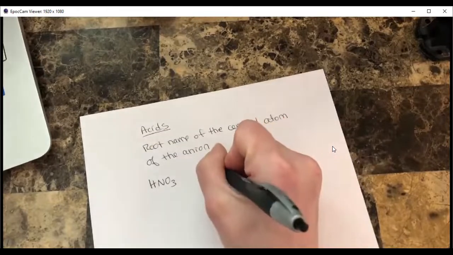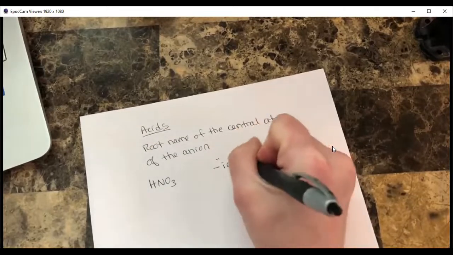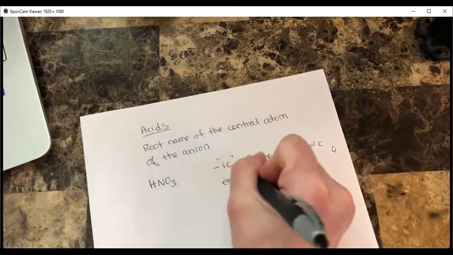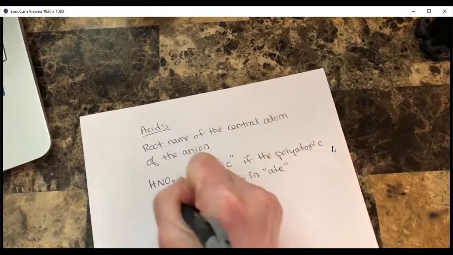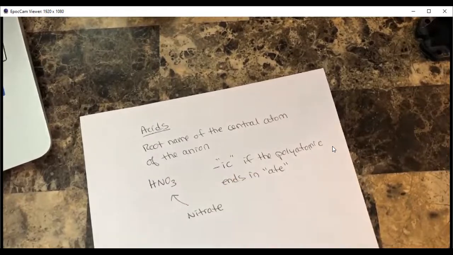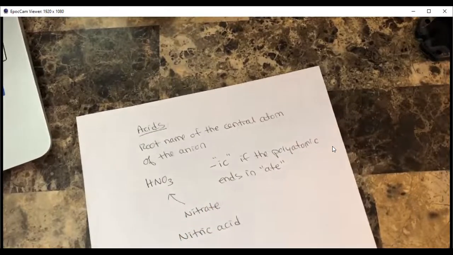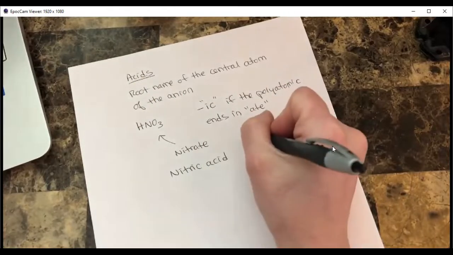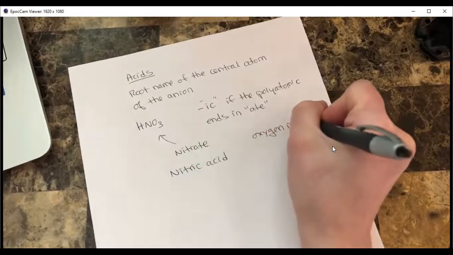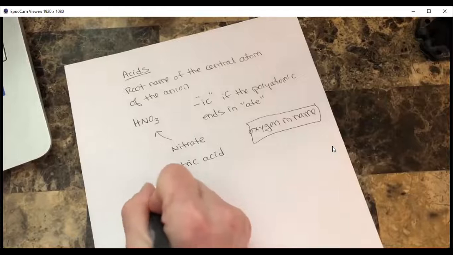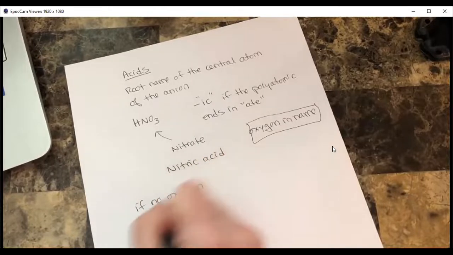Okay, what did I just say? We're going to add ic if the polyatomic ends in ate, right? What's that polyatomic? That's nitrate, right? So this is going to be nitric acid. These are for ones that have oxygen. Okay, there's oxygen in the name. If no oxygen, let's look at that one.